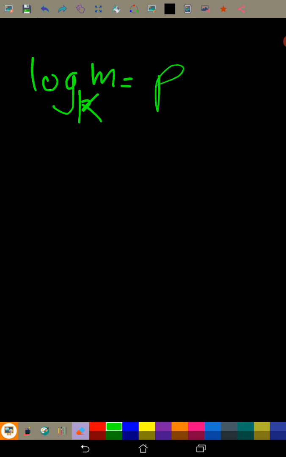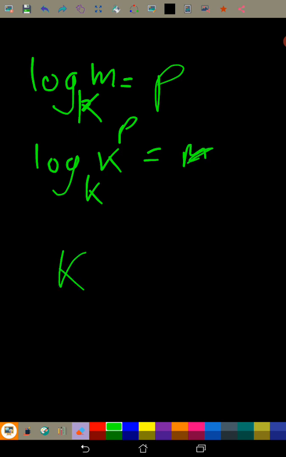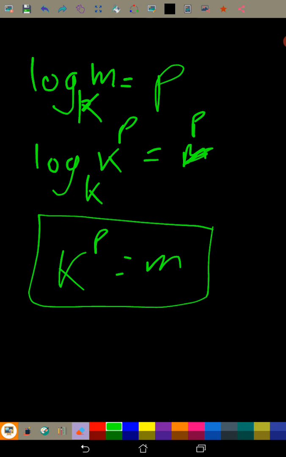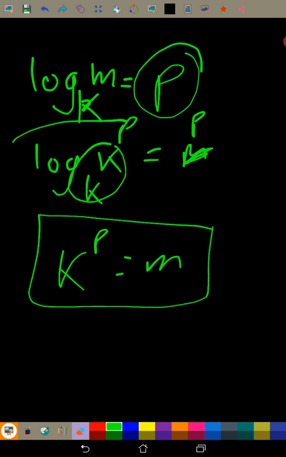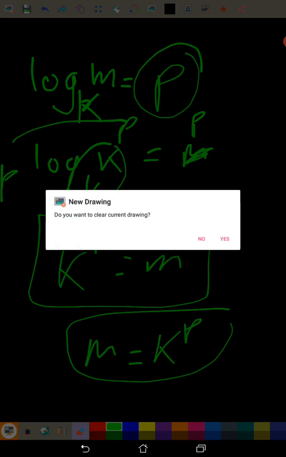So here, what we need is just like log base k of p is equal to m. So kp is equal to m. I think you got it by now, because when we have k, k, k here, we will have p here. So that's it. We can write m is equal to kp, therefore. Easy. Good. And now we have done this.